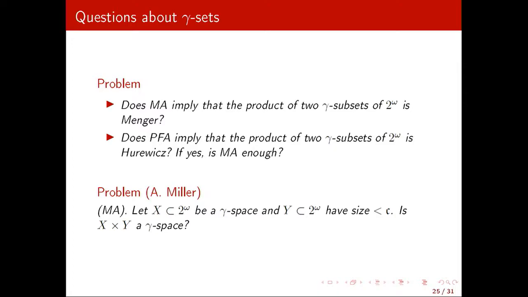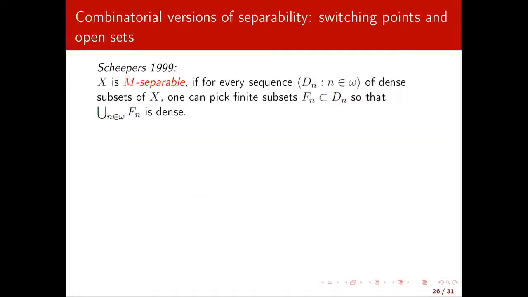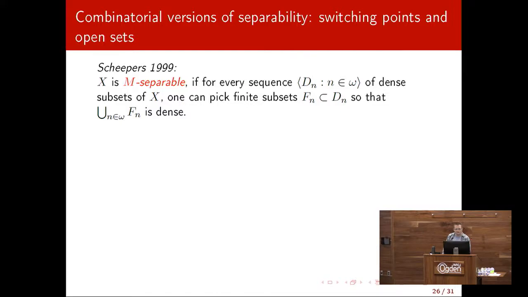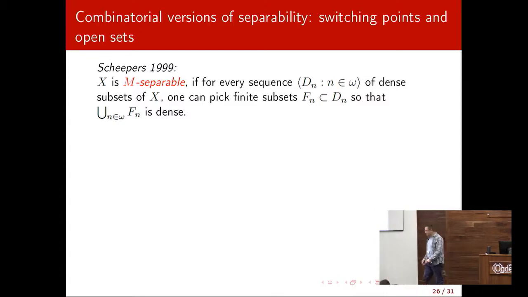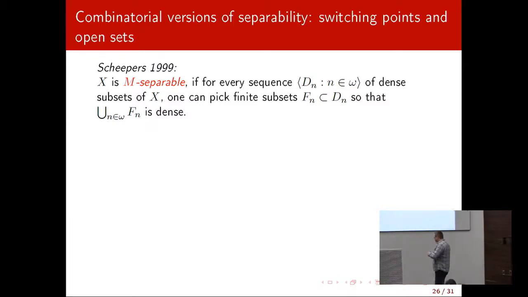And good, I guess I wanted to say also something about combinatorial versions of separability. I will not get far, but I will just tell you what that is about. So those of you who do Banach spaces must like the idea.